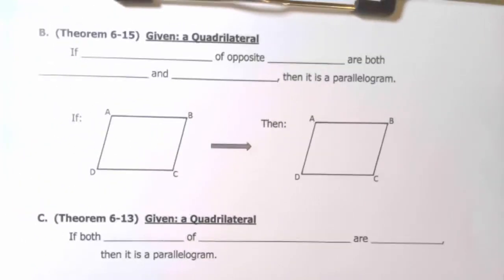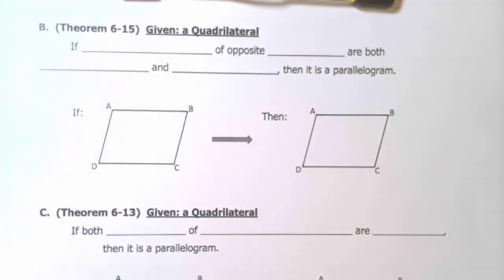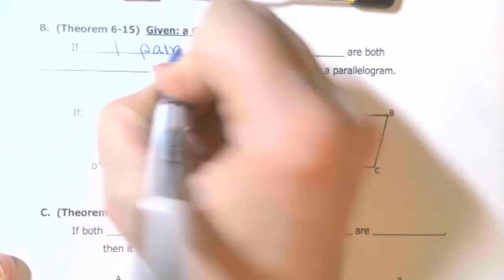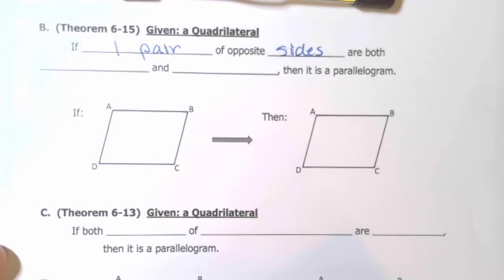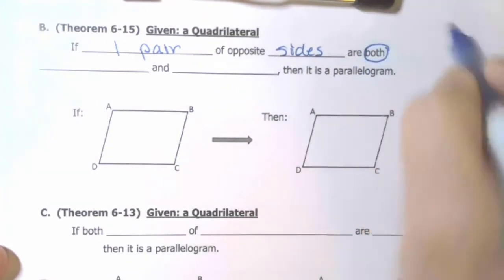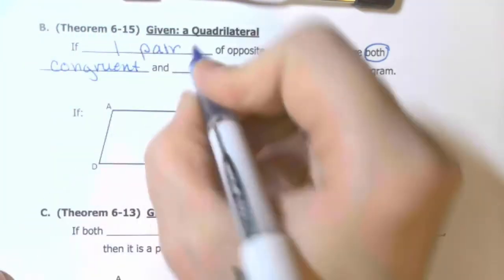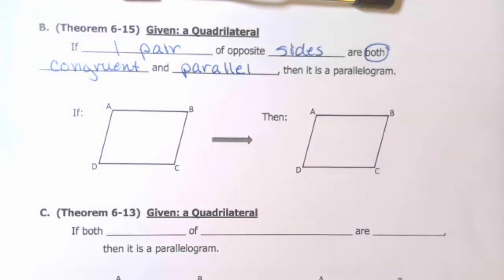All right, Theorem 6.15 starts out, given a quadrilateral, if one pair of opposite sides are both, so there's two things that have to be true, are both congruent and parallel, then it is a parallelogram.